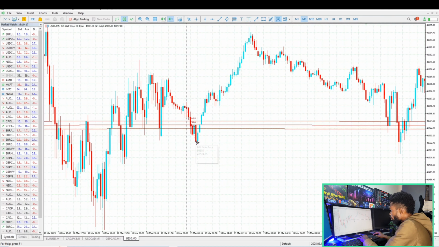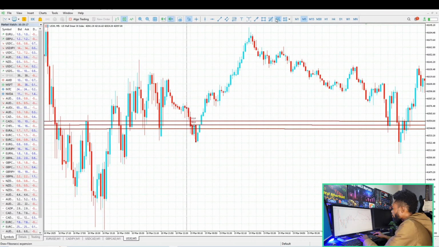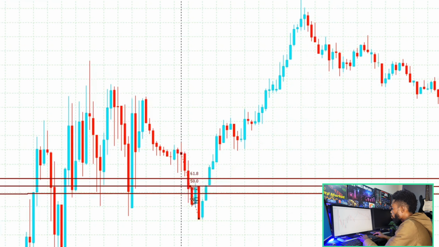From the ending of the retracement to the beginning, you just have to click, and no, this is wrong. You just have to click from the beginning to the end. Then you see that there will be some lines drawn here. The same way, if you want this line to appear at the top, you do the same thing. You click from down to top, which means the line is going to be upwards.